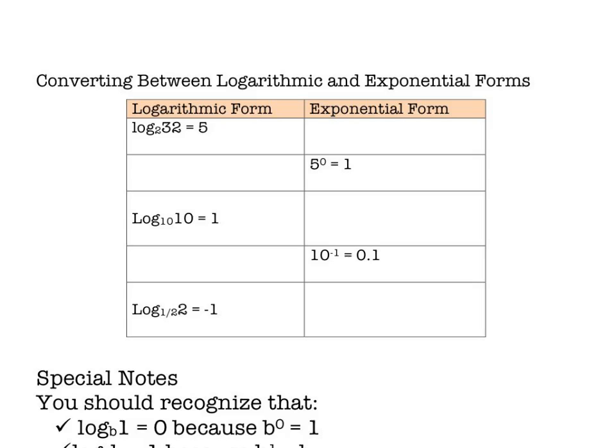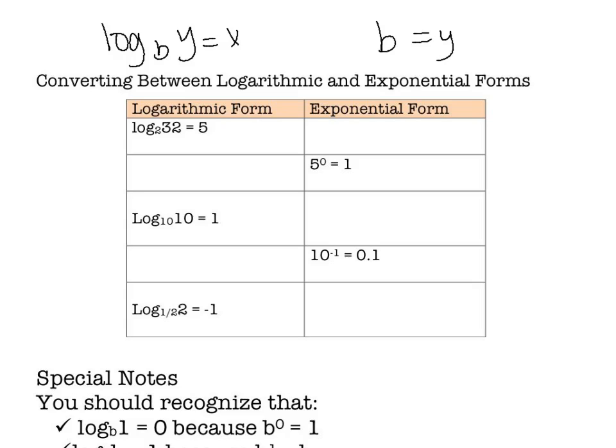How I always start this is I make sure I have my generic forms written near where my practice problems are, because this helps me with my setup. You don't have to do this, but I would write out log base b of y equals x, and then on the exponential side I would write b to the x power equals y.